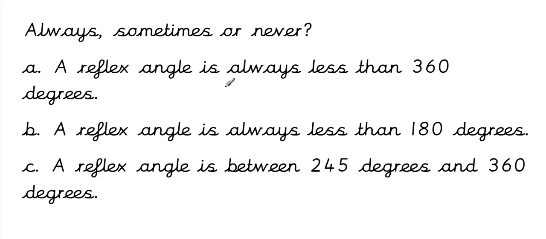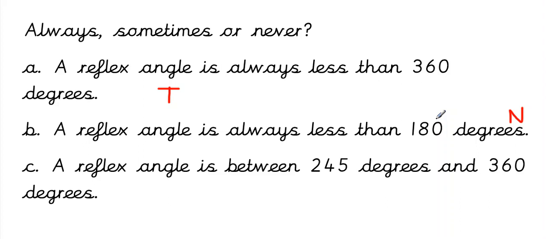Okay, so let's have a look then. A reflex angle is always less than 360 degrees. That is true, because if an angle was 360 degrees, that would be a full rotation, wouldn't it? A full turn. A reflex angle is always less than 180 degrees. Well, that would be never, wouldn't it? Because we said that 180 degrees is a straight line.